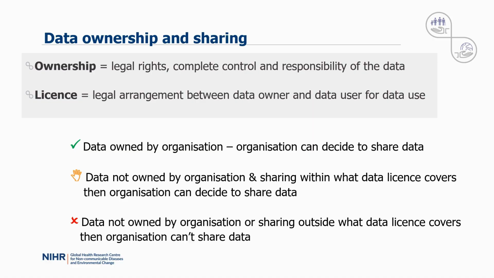So if the data is owned by an organization, they can decide to share the data. If the data is not owned by the organization and sharing is within what the data license granted covers, then the organization can decide to share the data.